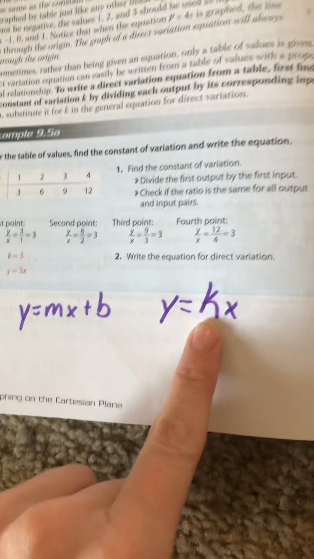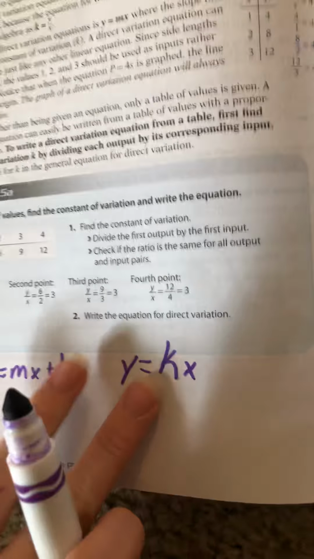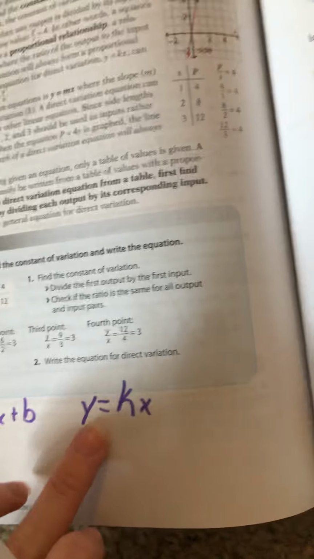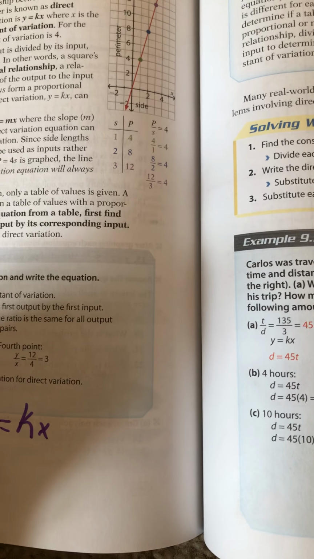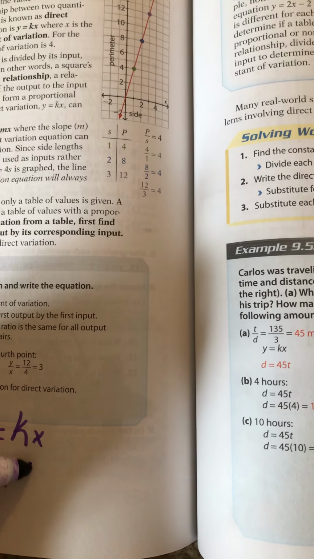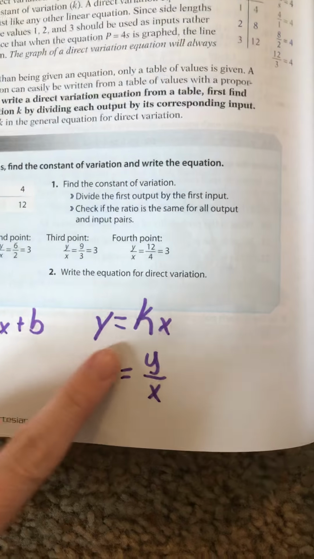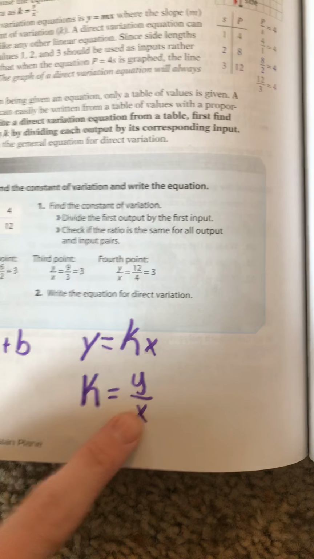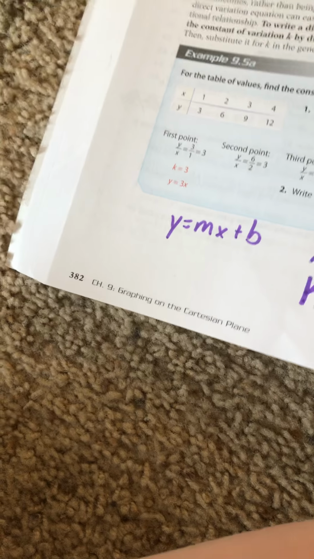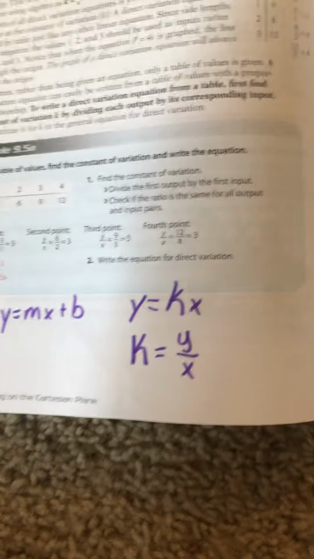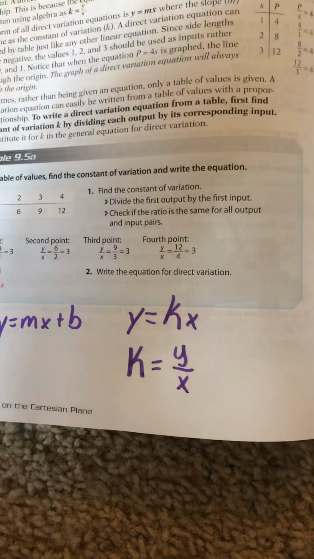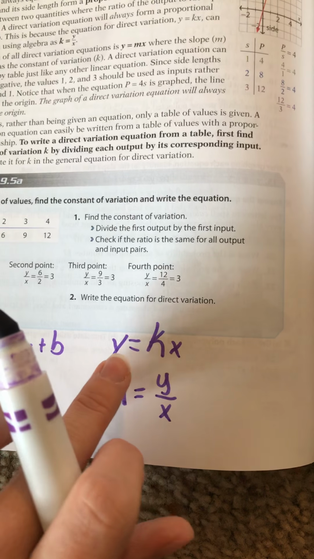So k is known as the slope, and the reason behind that is because if I were to get k alone on its side, it would equal y over x. Well, y over x is just rise over run, which is what our slope is. And so it always has a proportionate relationship because it's always the one over the other. So our direct variation is literally just y equals the slope x.